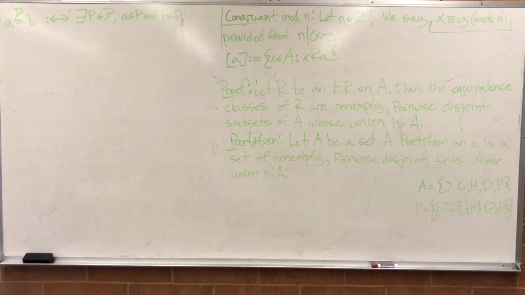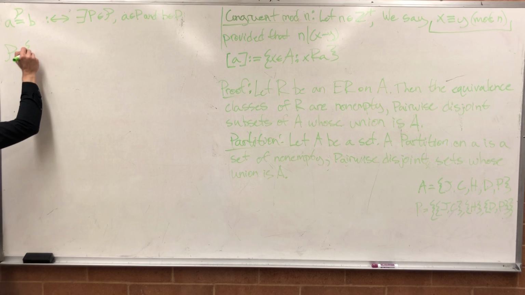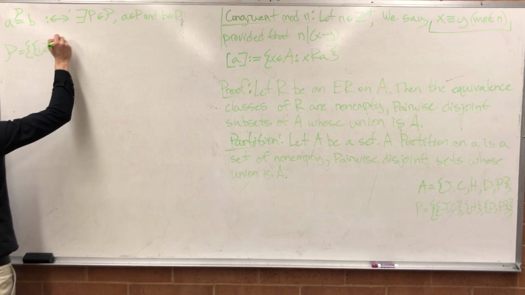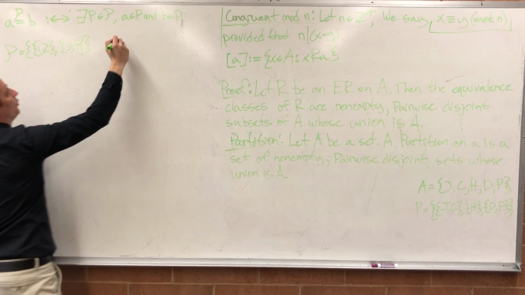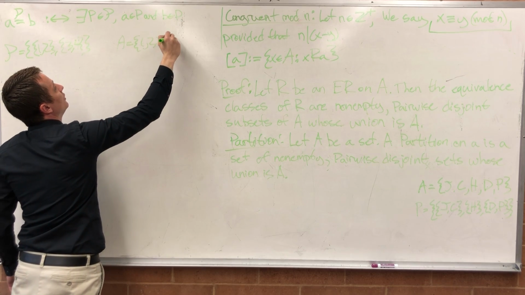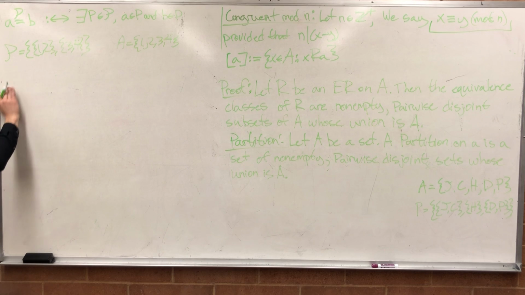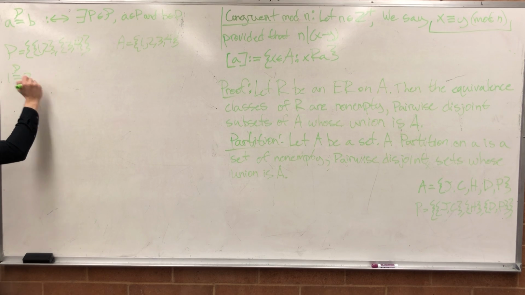So let's make sense of this really quick. If we have our partition is equal to the set 1, 2, 3, 4, where A was equal to just 1, 2, 3, 4, then we could say that 1 is equal to, under that partition, 2.